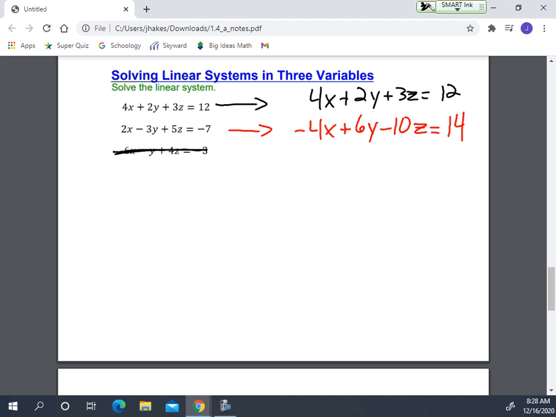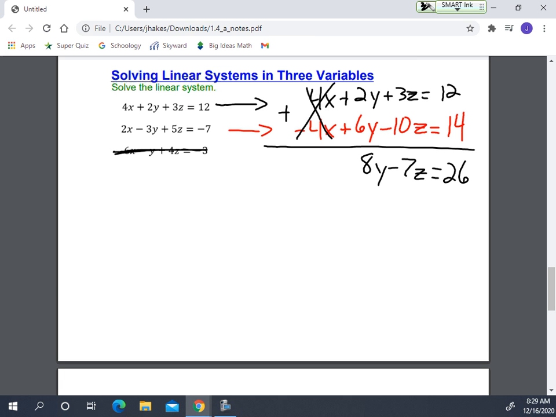Now add these together. 4x plus negative 4x cancels out. 2y plus 6y is 8y. And 3z plus a negative 10z is a negative 7z. And then 12 plus 14 equals 26.